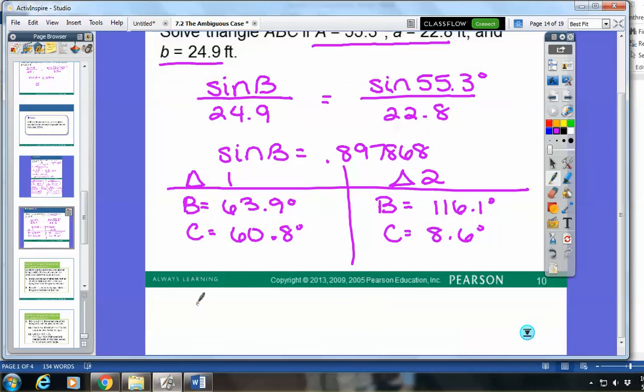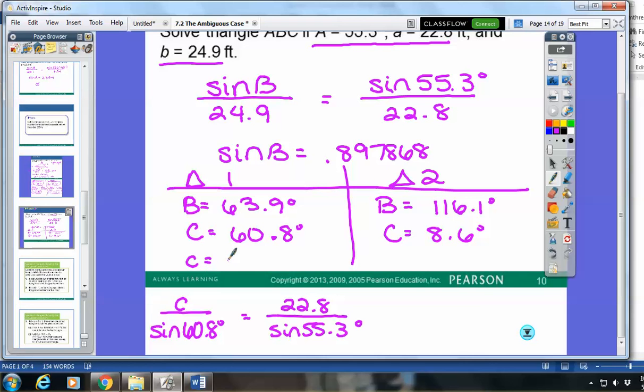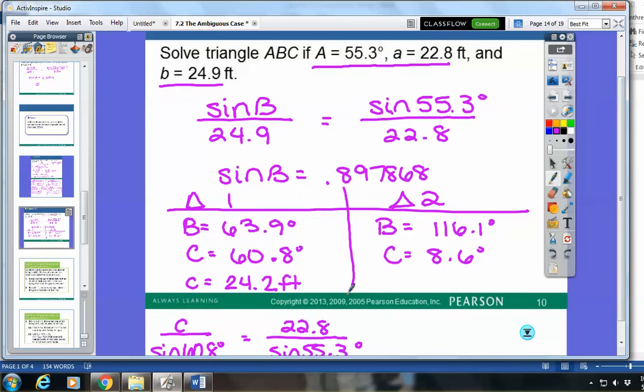So now we need to find side C. So we could do C over the sine of C equals, I'm going to do A. Side A is 22.8 over the sine of A. So for the first triangle, my side is 24.2. Does that seem reasonable?